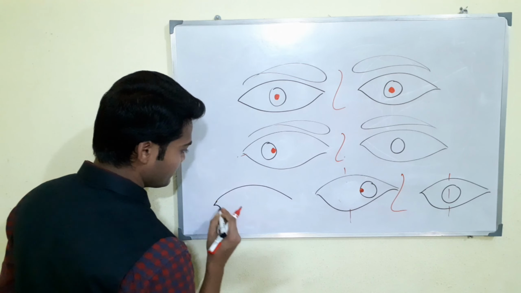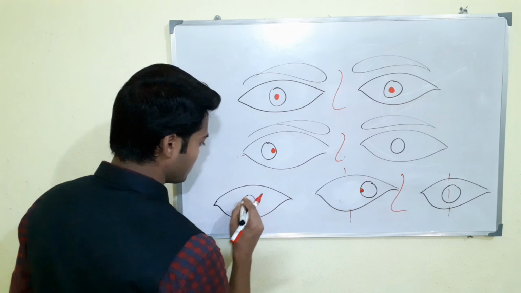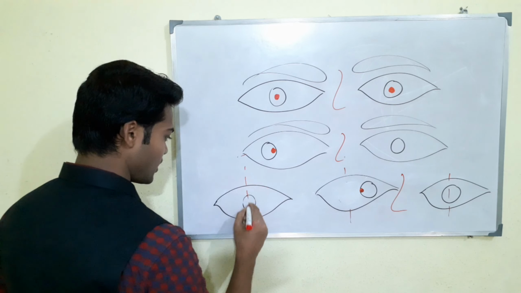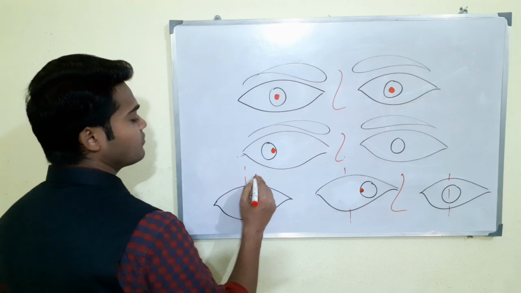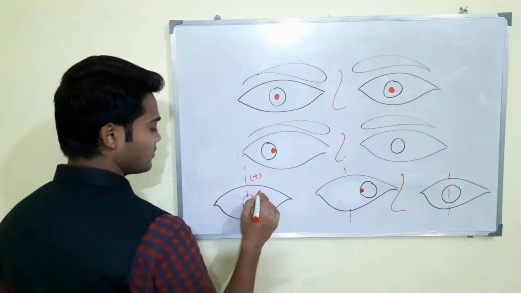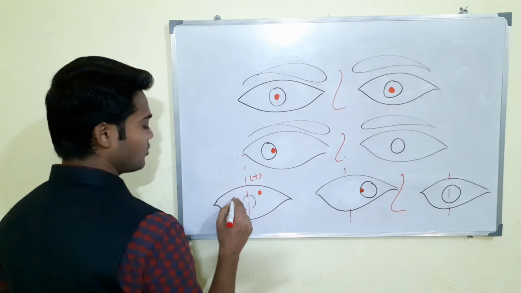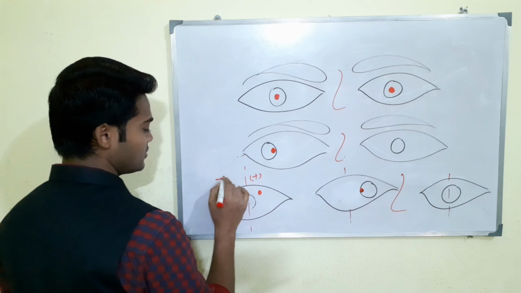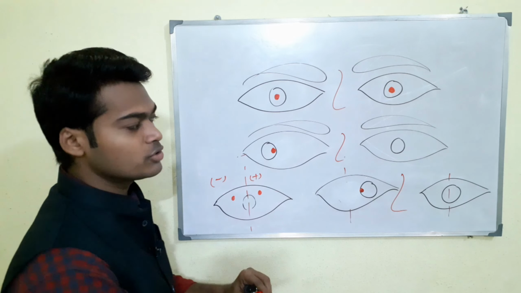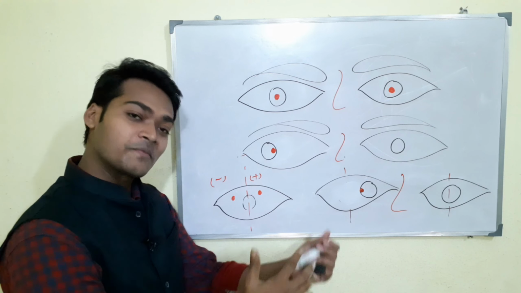Suppose this is the eye and this is a plane, and I divide it into parts. When light falls on this side, it means positive; when light falls on this side, it means negative. I think this is a gross idea to carry for the long term. So thank you.